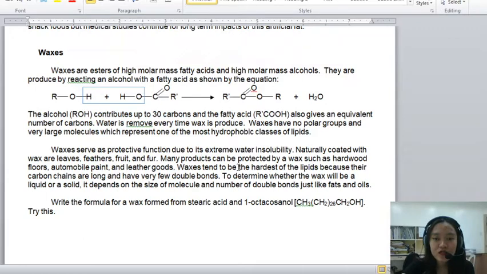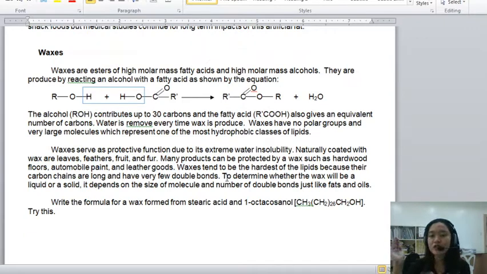So waxes tend to be the hardest of the lipids because their carbon chains are long and have very few double bonds. Okay? So, meaning, bakit hard? Meaning solid sila kasi wala silang masyadong double bond. Sabi ko nga, when there's no presence of double bond, mas mataas ang melting point. Meaning, hindi sila ganun kabilis mag-melt.